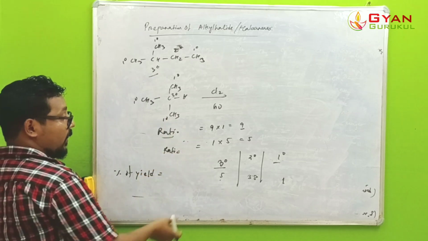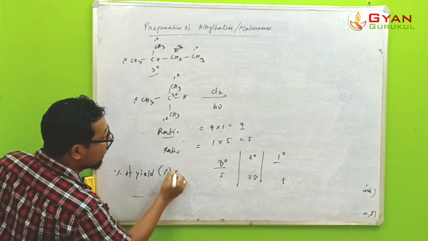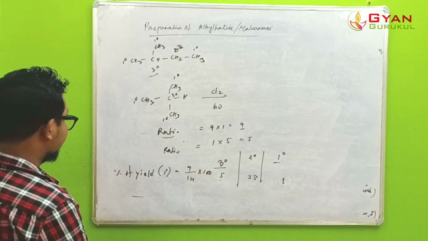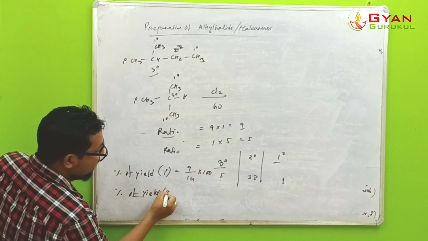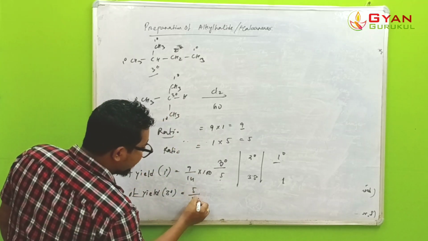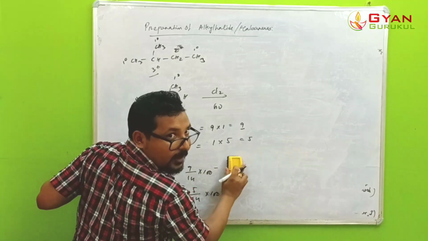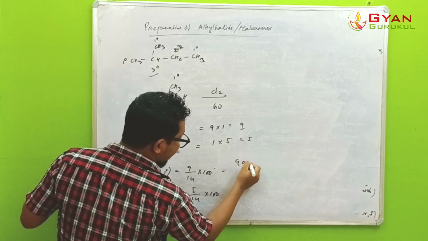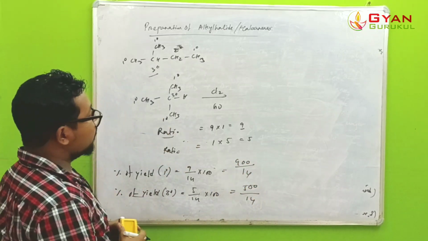For primary, the percentage of yield equals 9 divided by 14 into 100, and for tertiary it is 5 divided by 14 into 100. So 900 divided by 14, and 500 divided by 14.